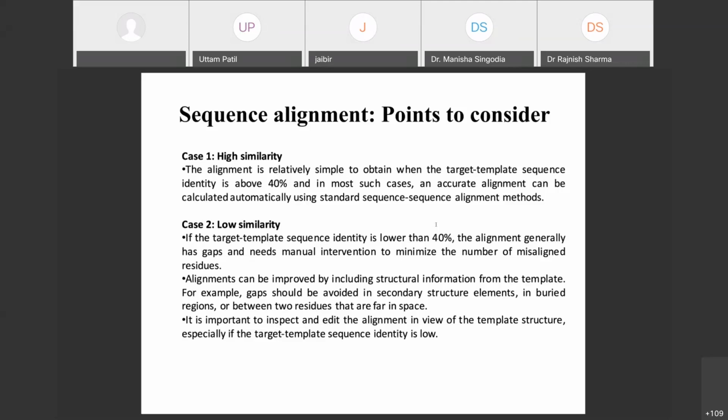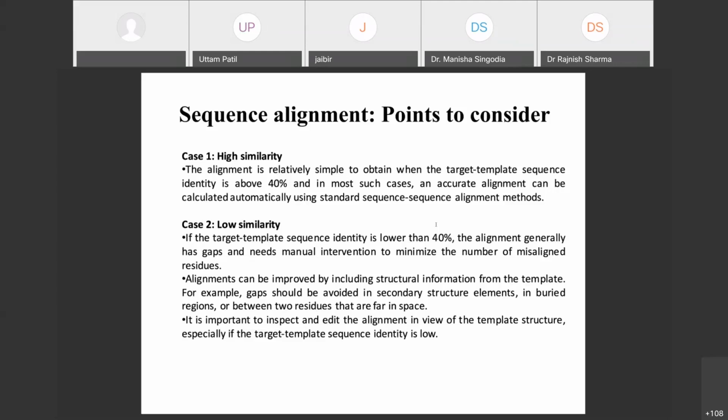Then you can say these two sequences have a high degree of similarity, and the alignment can be calculated very easily using standard alignment algorithms. So this is one case where you have high similarity, or 40% similarity.